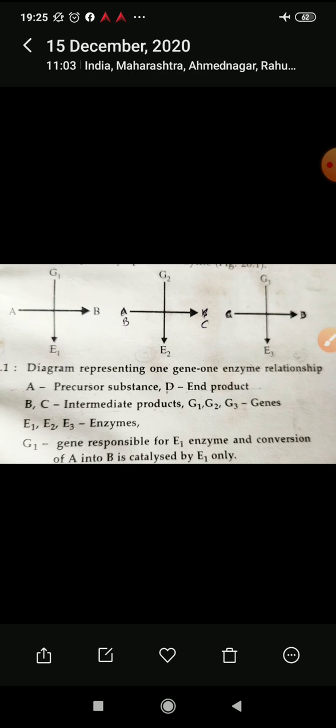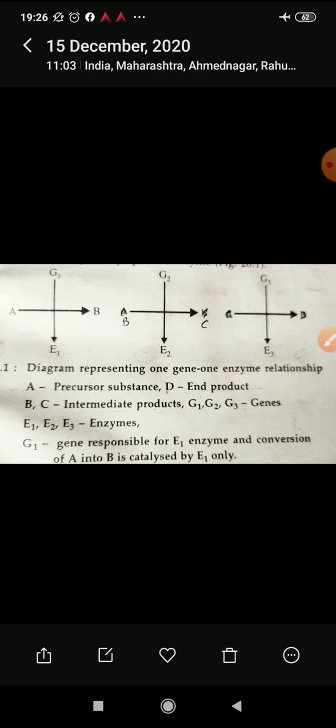When genes are active, they produce enzymes which affect a certain character or phenotype, or trait, one and the same. It means when a gene is active, the enzymes are produced, and these enzymes affect the phenotype.